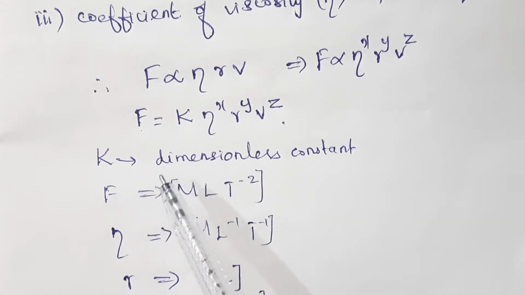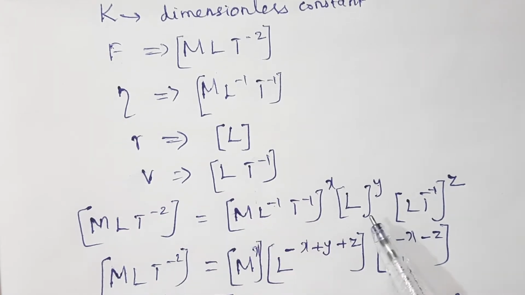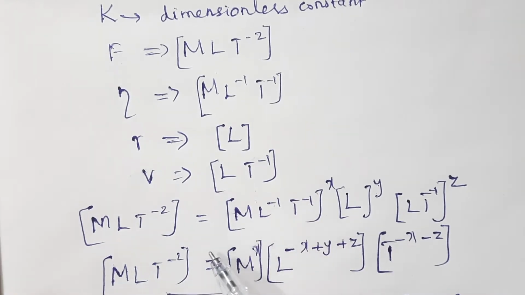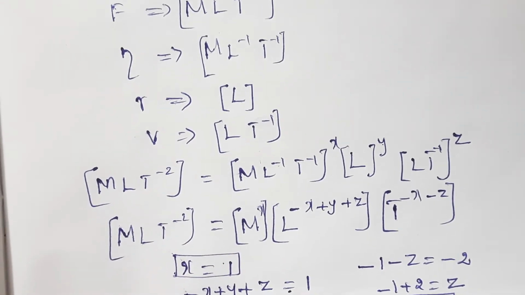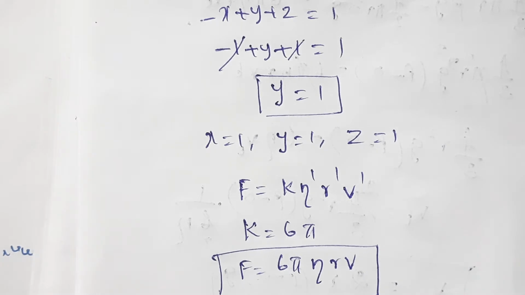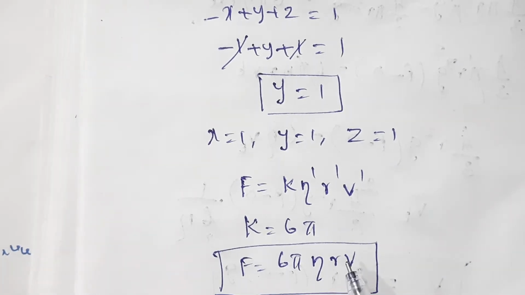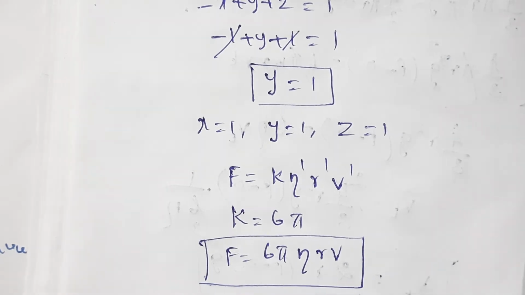Then we have to substitute all the dimensional formulas and simplify. Equate the powers on both sides, M power, L power and T power. We will get x equal to 1, y equal to 1 and z equal to 1. On solving that, we will get F is equal to 6 pi eta rv. It's a very important question. Stokes law.